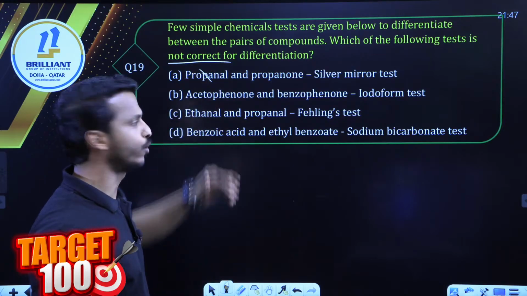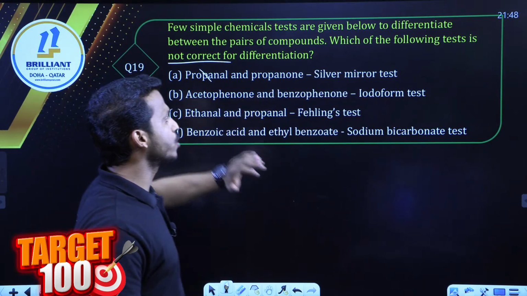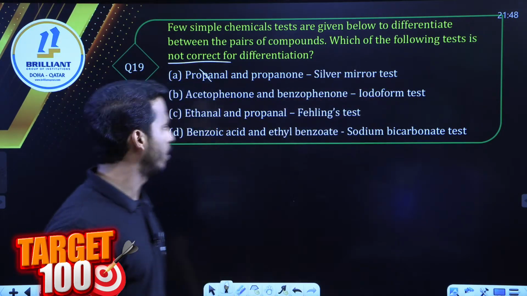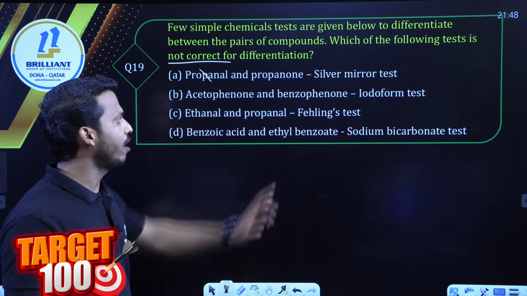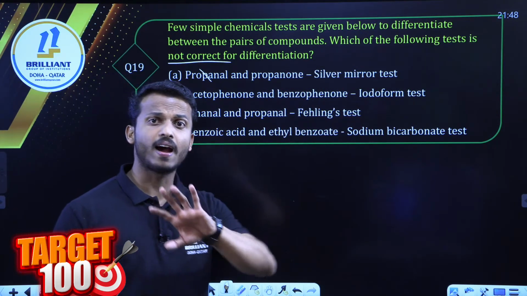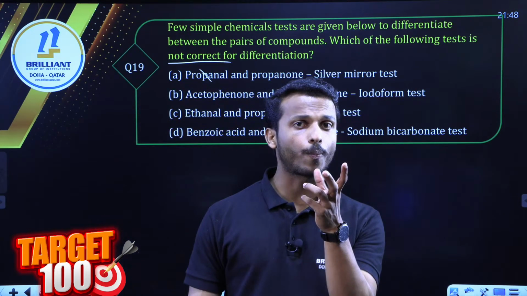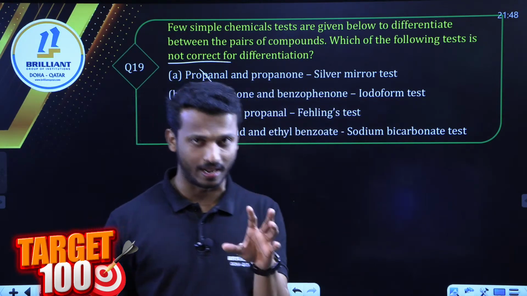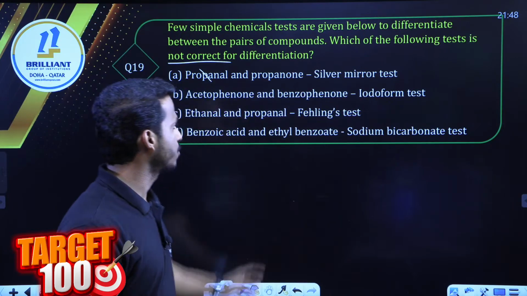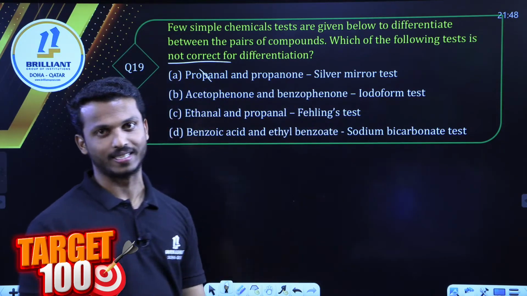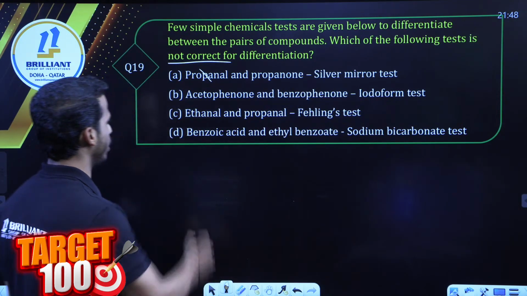It's a correct distinguishing test. Acetophenone and benzophenone, iodoform test, possible, no. Ethanol and propanol, Fehling's test. Ethanol and propanol are both aliphatic aldehydes, so both will give Fehling's test. So it's not a proper distinguishing test.